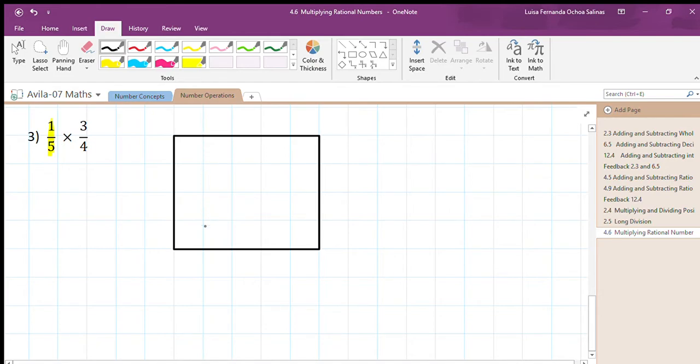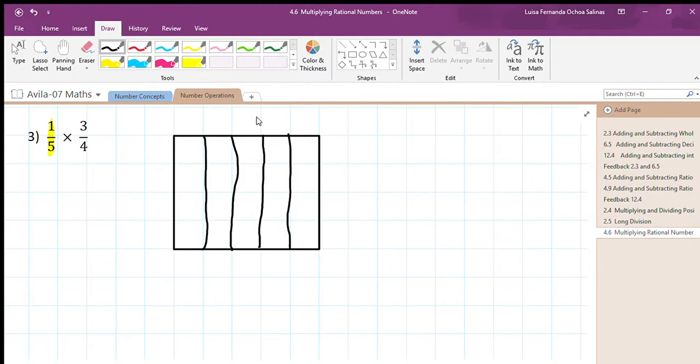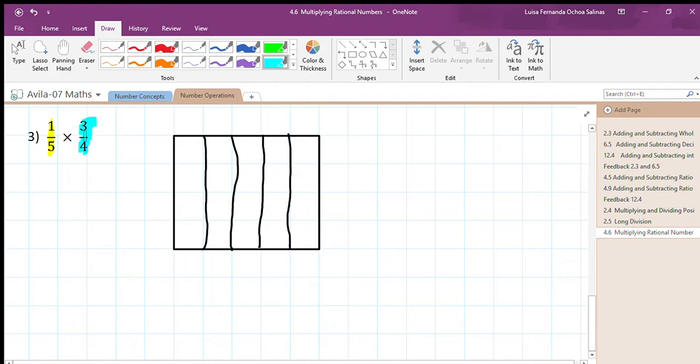So I'm going to divide it into fifths. So 1, 2, 3, 4, and 5. Good. And then the second bit, what is it telling me? The second bit is saying that I'm going to divide that one into 3/4. First, let's shade 1/5. So I'm shading here 1/5. Good. And now I'm going to divide this one into fourths.